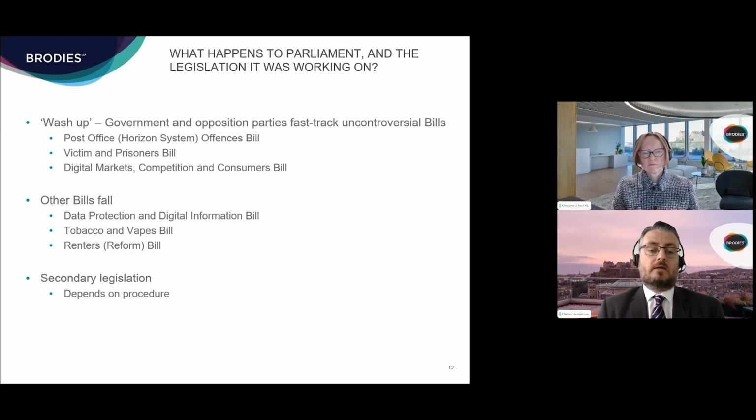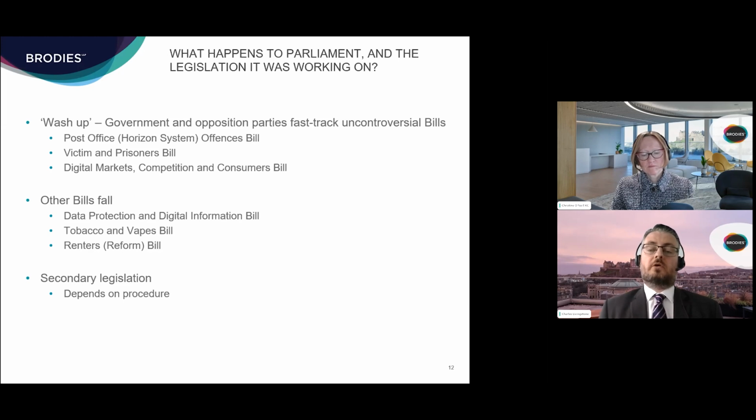And that effectively means that where bills are relatively uncontroversial, and in particular where most of the work has already been done on them, then the government and the opposition parties can agree procedure that will fast-track them to get them through and get them royal assent, as in signed by the King, to actually become an act.